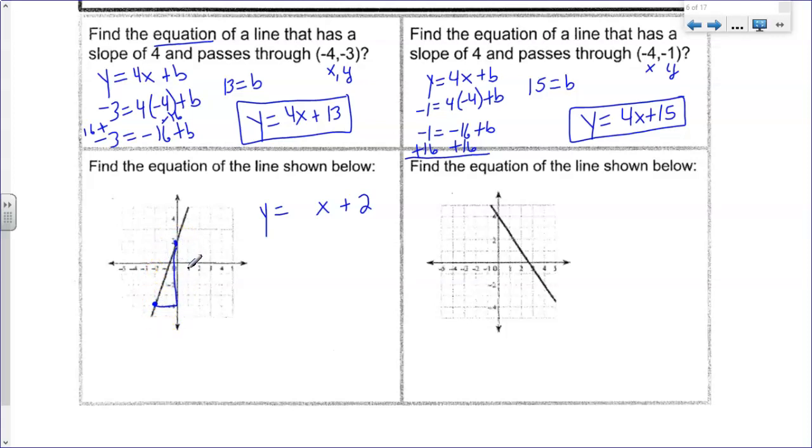So that's going to be 6 and 2. All right, so 6 and 2. So 6 divided by 2 is 3 because it's rise over run. It slants to the right, so it's positive 3. So y equals 3x plus 2. Okay, on this one, our y-intercept's here at 4.